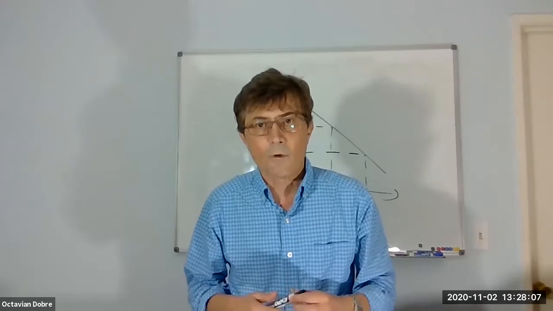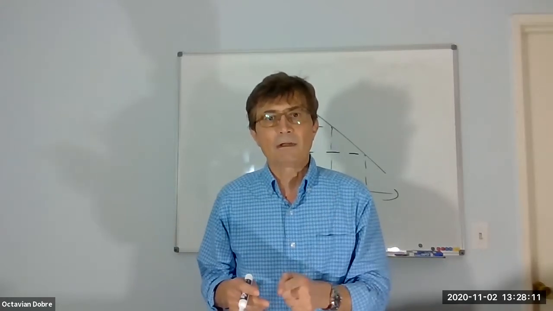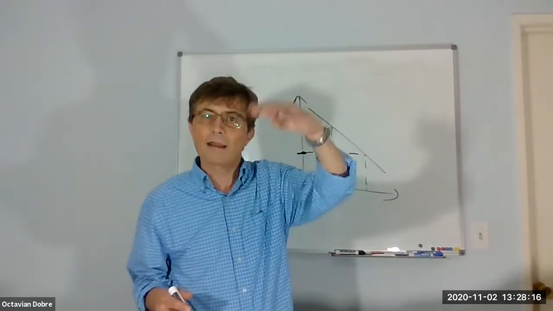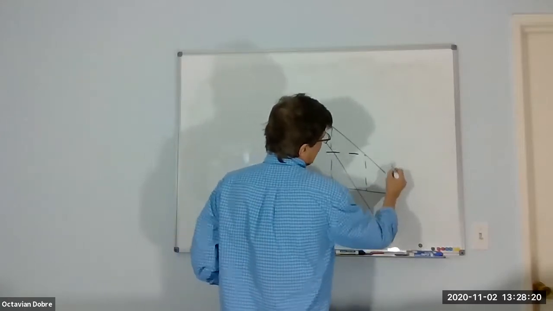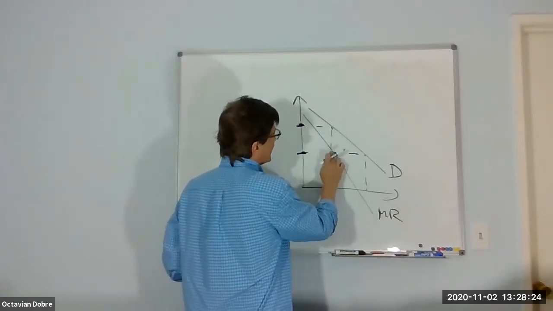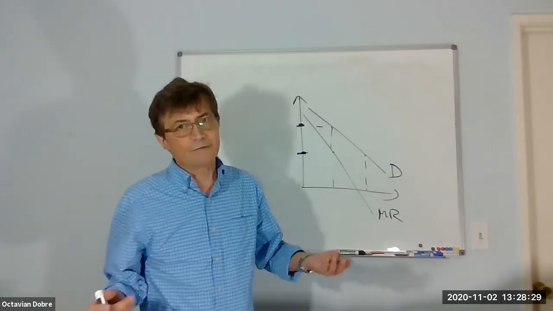This is the reason why the marginal revenue curve for a monopolist is not going to be the same as the demand curve, but it's going to lie below the demand curve. So here is the demand and here is the marginal revenue curve. And then to find Q star, we have to have the marginal cost.